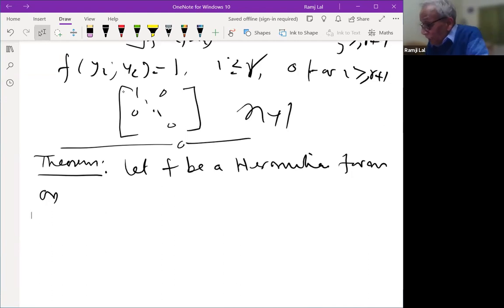So F is a Hermitian form, or let me first do it for a symmetric bilinear form, and recall the proof for the Hermitian form also. So for a symmetric bilinear form, the star is trivial here.